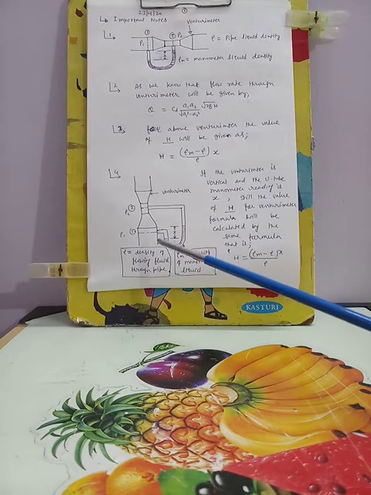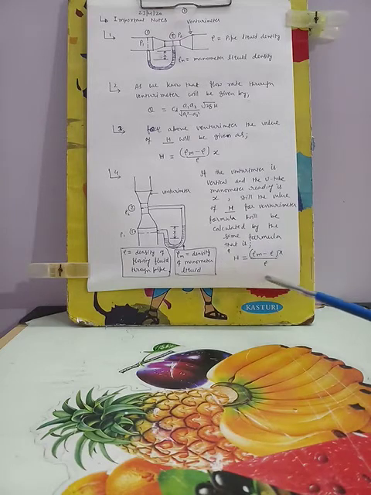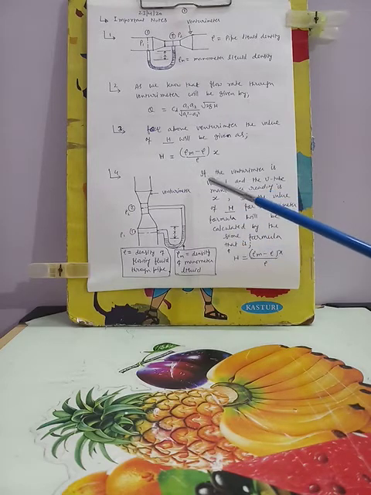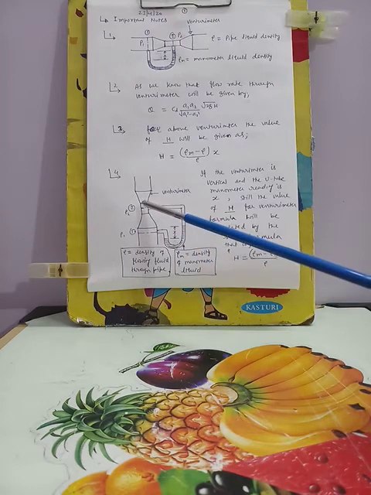For your information, again the value of H we can find out using the same formula. H is equal to (rho m minus rho) into x by rho. You can derive this using the pressure measurement at the datum level and using Bernoulli's equation at sections 1 and 2.